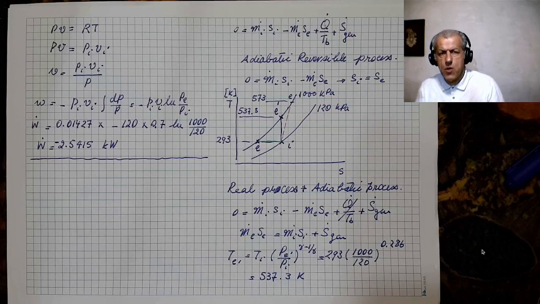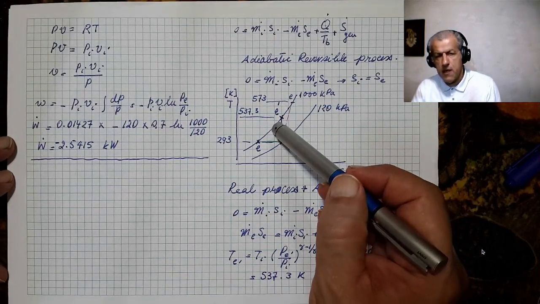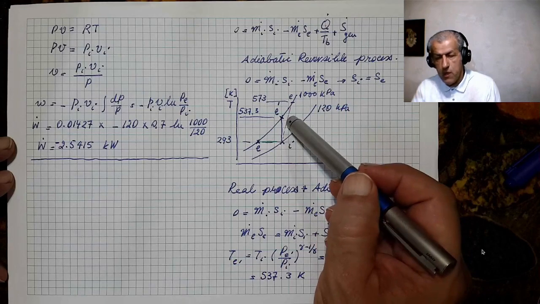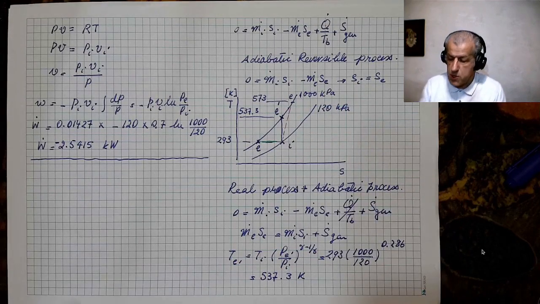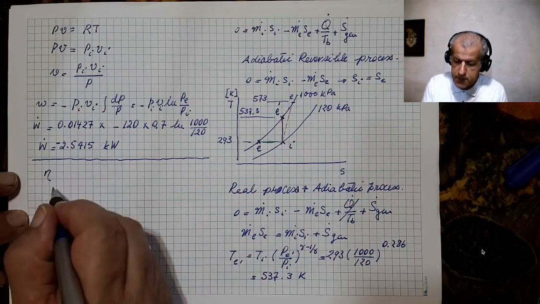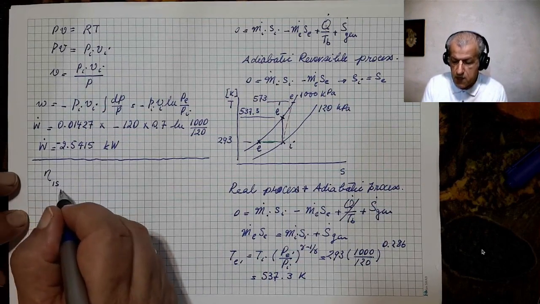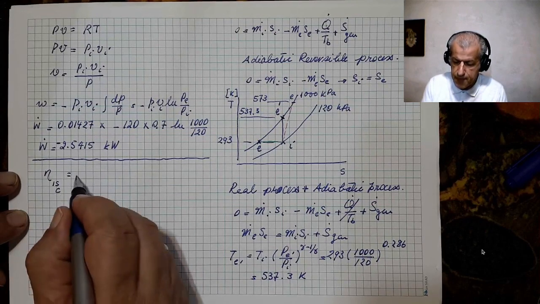In order to show the difference between a real process and an isentropic process, and show how far away a real process is from the isentropic process, usually they define an isentropic efficiency for the compressor.